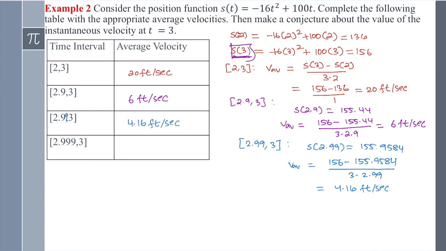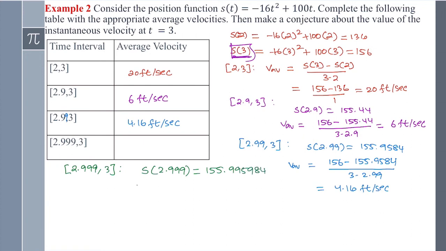Now let's find the final one, which is the interval 2.999 comma 3. Again, we need to find s of 2.999. When we plug it into the function and then put it into the calculator, we'll get 155.995984.